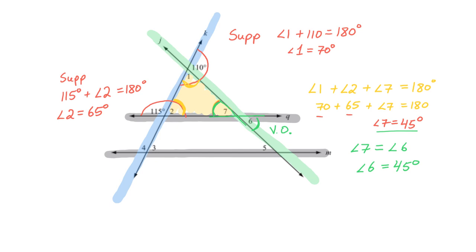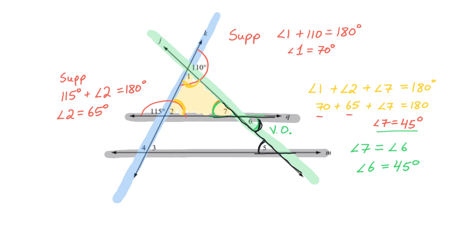Now looking at my two parallel lines, I have parallel lines and a transversal. To find angle 5, I need to know what is the relationship with angle 6.